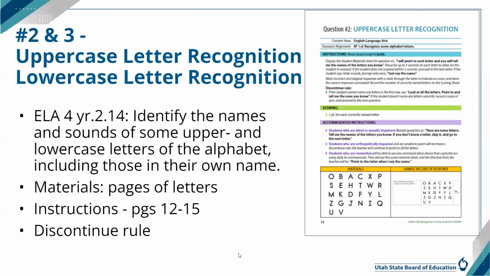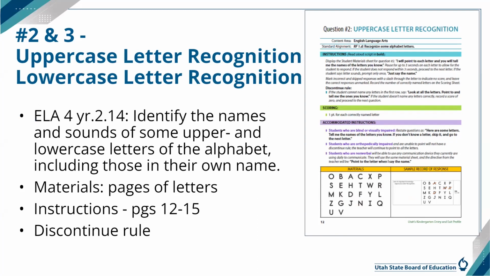Okay, the second and third questions are exactly the same instructions. We're looking at uppercase letter recognition and lowercase letter recognition. And so when we're doing this, students have the opportunity to identify those letters. It is important to note the discontinue rule.